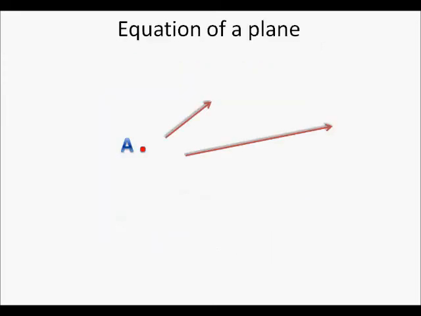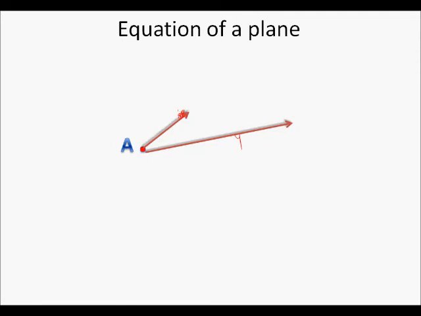Equation of a plane. Now we need two vectors and a point to find the equation of a plane. Say we have two vectors, vector x and vector y. What we do is move them to the point which is given.